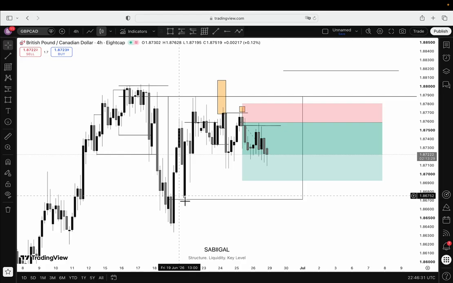So what I do is, after getting my analysis, I then use MT5 to do that same analysis and get my entry based on MT5. If that MT5 gets invalidated, there's always a chance that even the TradingView one might get invalidated, so I just use both of them at the same time.